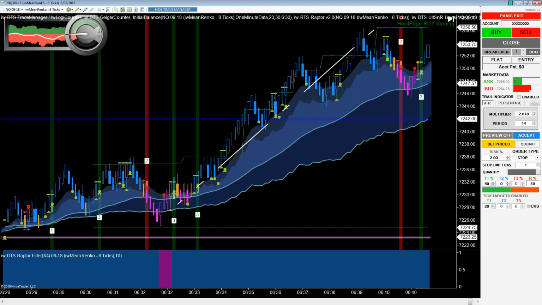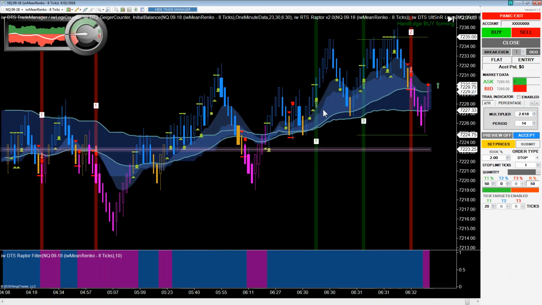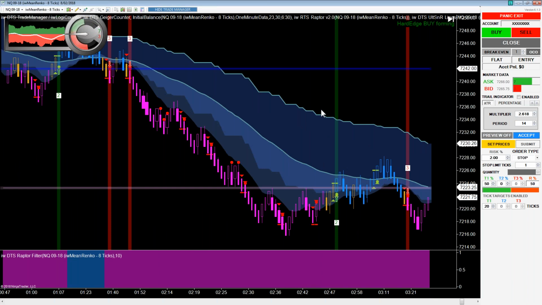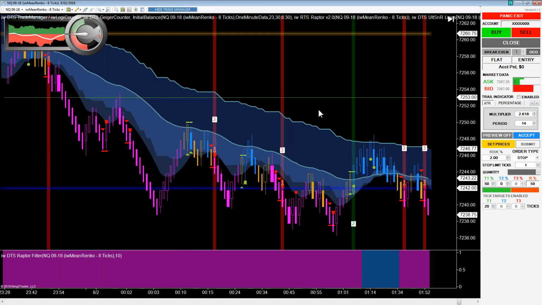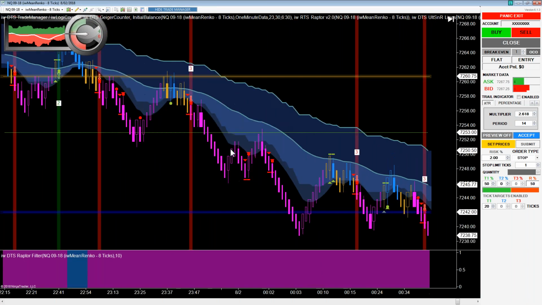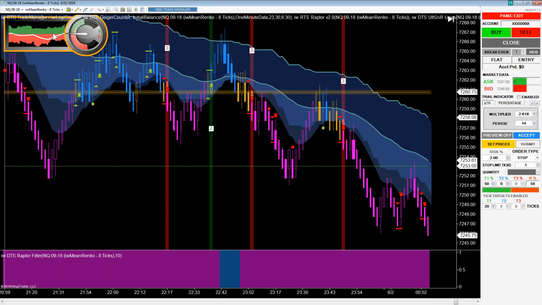Sometimes you will see the market get very, very close to the hard edge and actually not produce a signal. Let's see if I can find you an example. Okay, right here. So we're looking at this. It looks as though the market is in a trend, right?